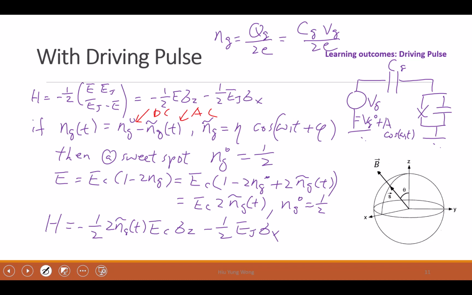So with this, I cancel the 2 and plug in the cosine. It becomes eta cosine omega 1t plus phi. Did I do something wrong?